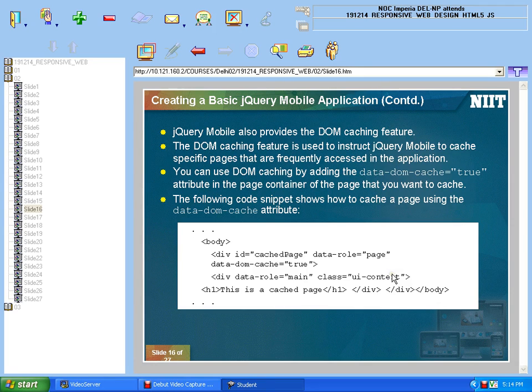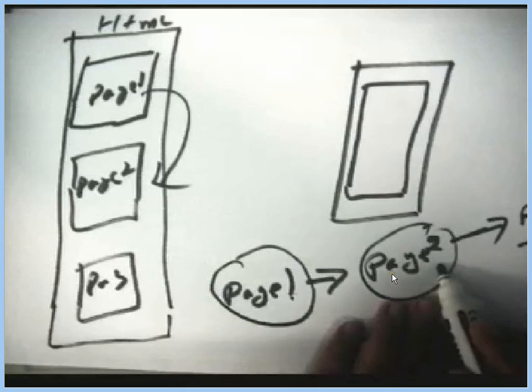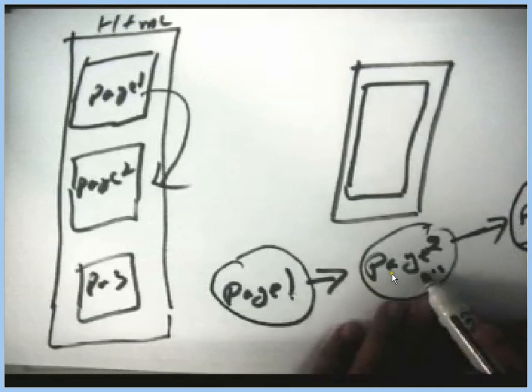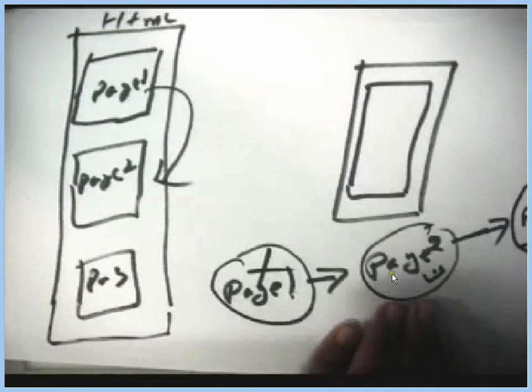Now, what is meant by this? Usually what happens is, if I open this page and I navigate from this page to this page, then when I navigate from here to here, the previous page will be removed from the DOM cache memory.